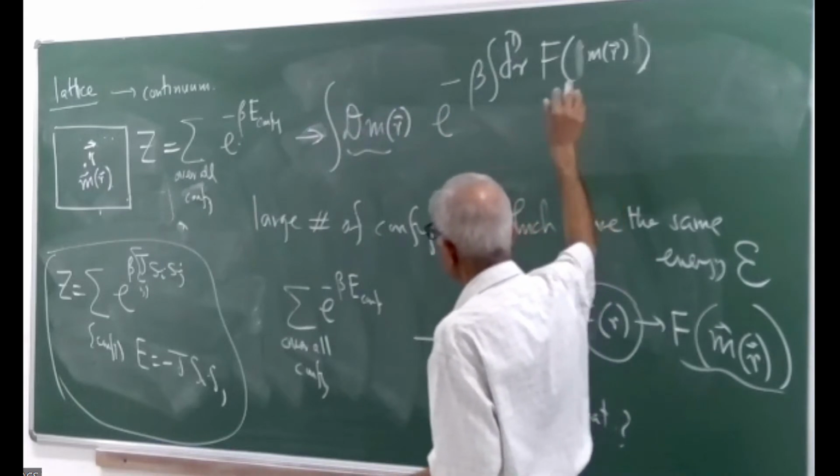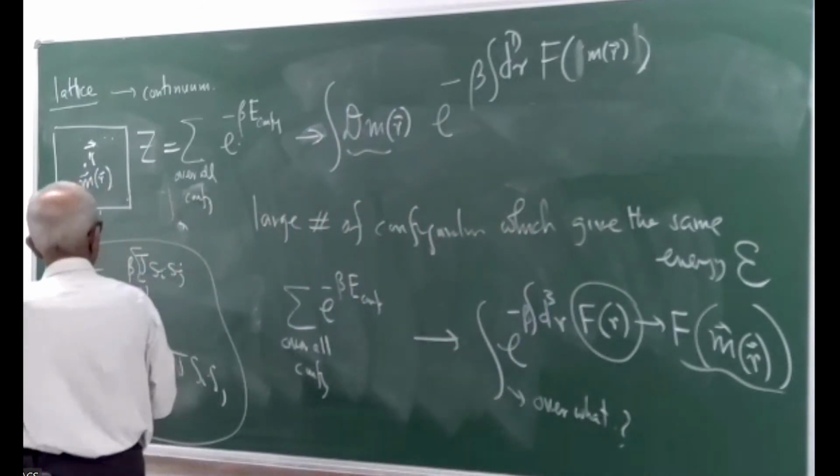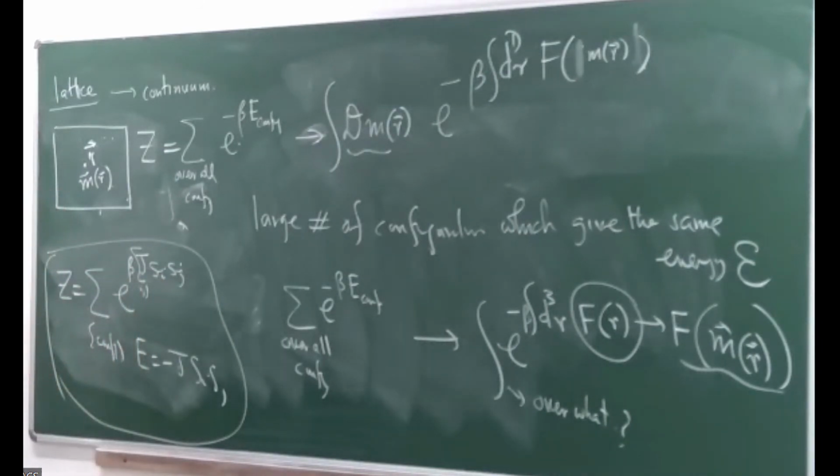Corresponding to every configuration M of r, there is a value of the free energy. The energy which you saw over here has become a free energy because of the degeneracy associated with this d^3r volume having a lot of sites ij. That degeneracy gave rise to the entropy.